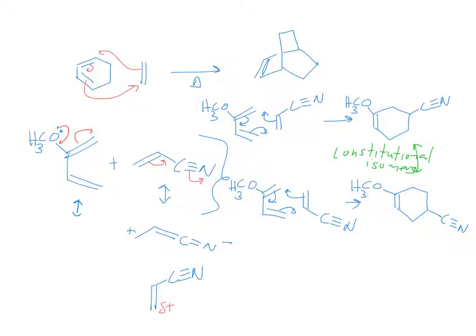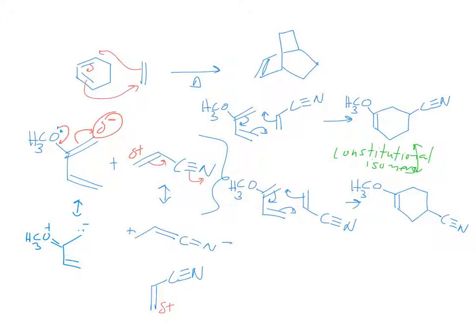And if we do that, then we come up with a resonance contributor like this. So that tells us that even though we had a delta plus over here, we have a delta minus on this end of the diene.